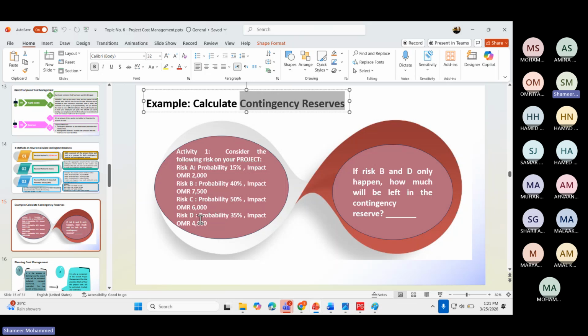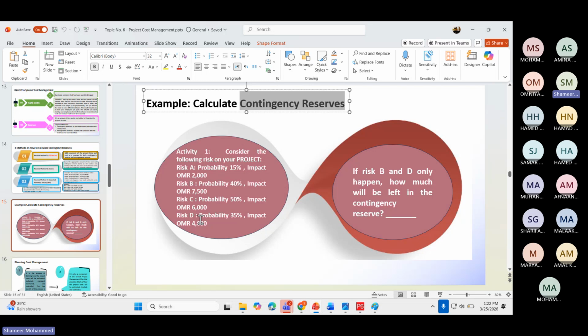Other students also got the same answer. Another student says minus B minus D is 3,300. Okay. So 7,000 minus this one means how much?